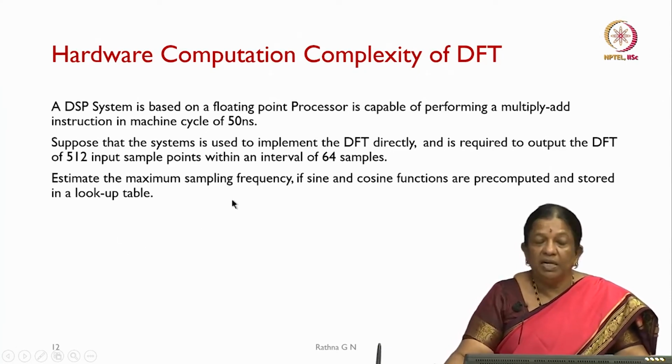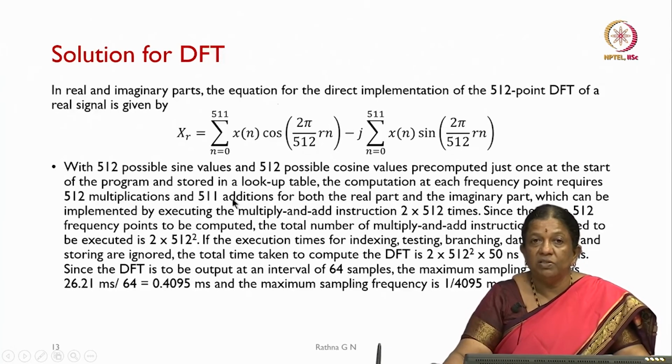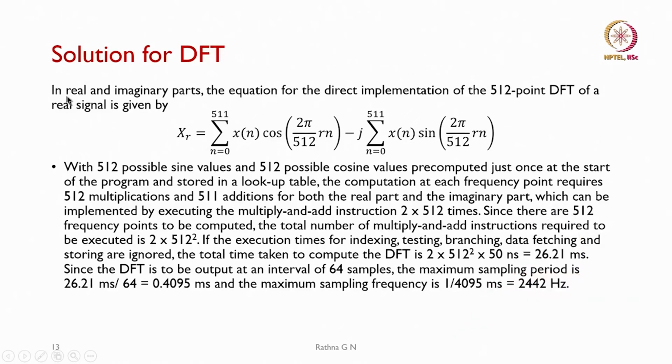Using the DFT, X(r) is the sum for n equal to 0 to 511 of x(n) times cos(2 pi by 512 times r n), minus j times the sum for n equal to 0 to 511 of x(n) times sin(2 pi by 512 times r n).